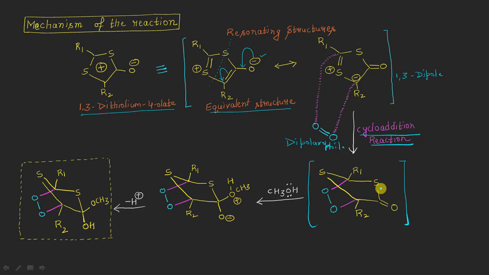The reason is that as soon as this cyclic adduct is formed, it will react with the solvent present here, right? Such reactions in which the reactant reacts with the solvent are known as solvolysis reactions. So what is happening here is solvolysis, the reaction with the solvent, which is methanol in this case.